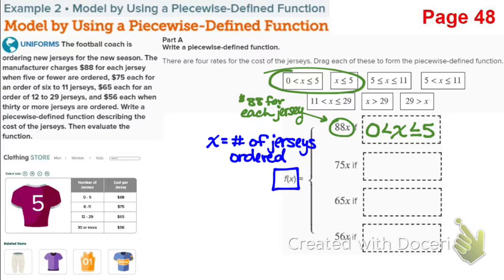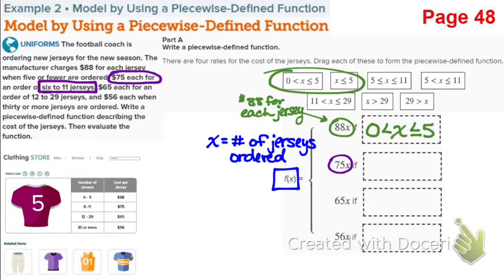What does 75x mean? Like in the context of this problem, what's it representing? $75 each. $75 for each jersey. When are we paying $75 for each jersey? 5 or fewer, it's 75? 5 for each. 6 to 11. 6 to 11 jerseys is when it costs me $75 each.